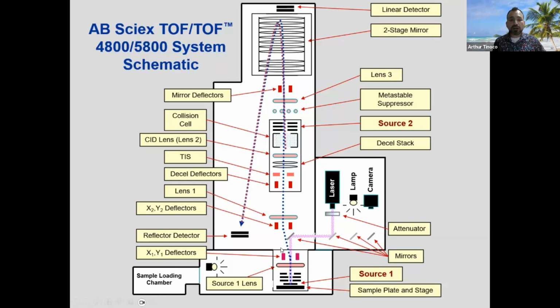So the ions will fly through the tube, which allows for that time of flight. And then there are going to be detectors, one up here, one down here, that enable the detection of the samples. I'm going to talk a little bit about how the path of the ions will differ depending on the mode of collection.